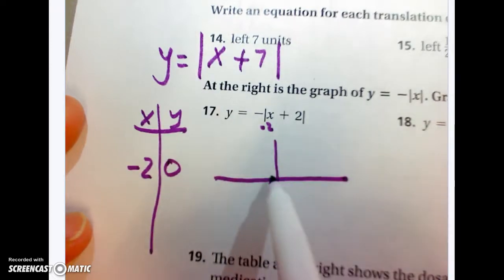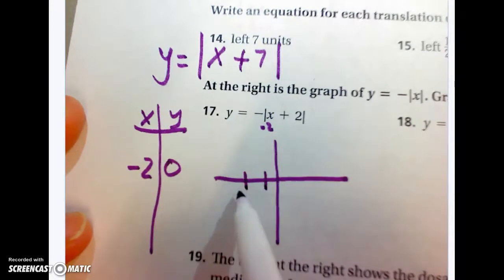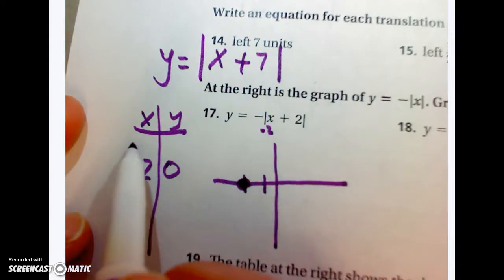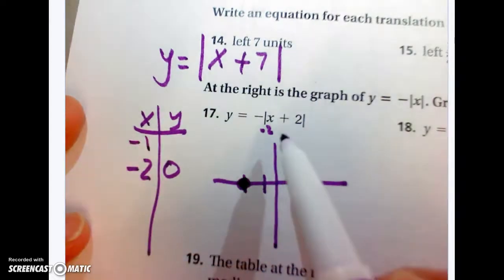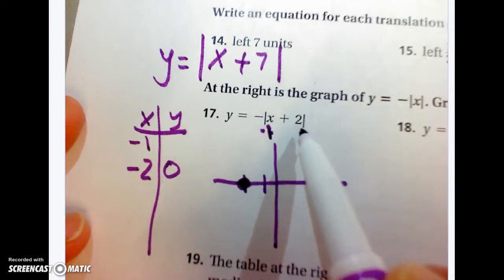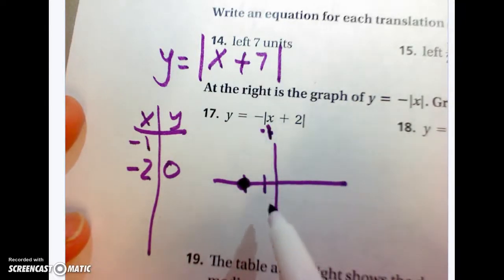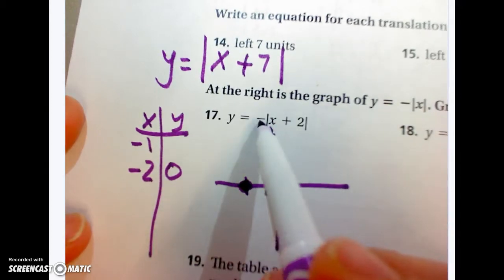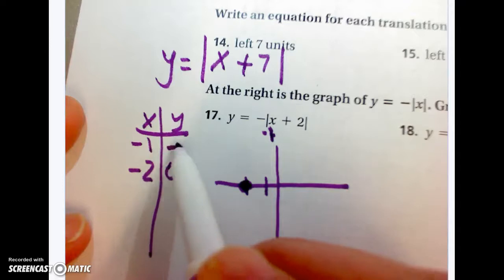So I'm going to go out here to -2, 0, and there's my vertex. So I'm going to see what happened at -1. So if I put in -1 plus 2, I get 1. But when it comes out of that absolute value, I have a negative there. So I get -1 for an answer.